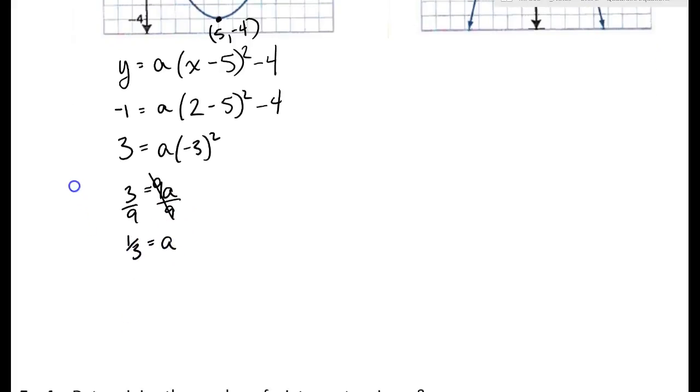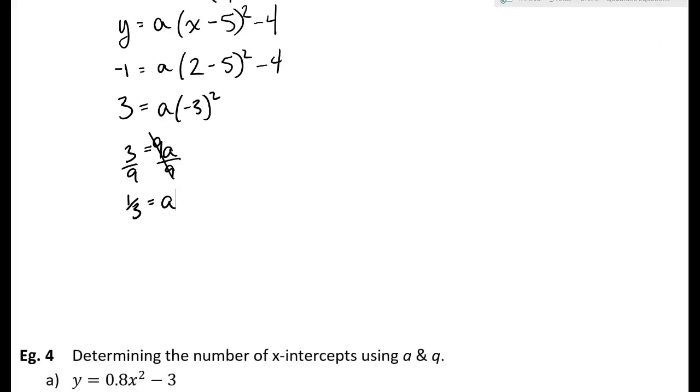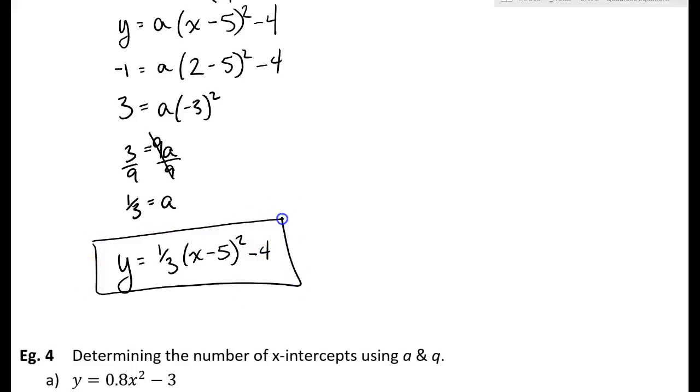Once I know what my value of a is, that's my vertical stretch or compression, I can complete my equation by filling it in addition to my vertex. And that'll be my equation for that first graph.